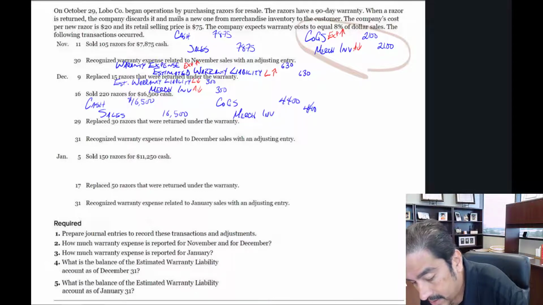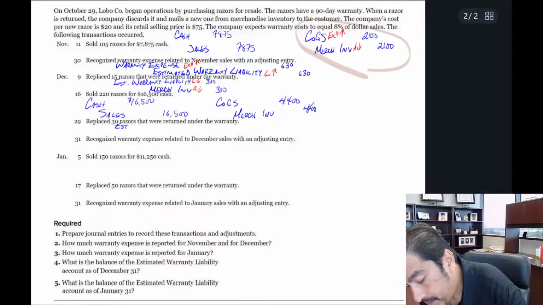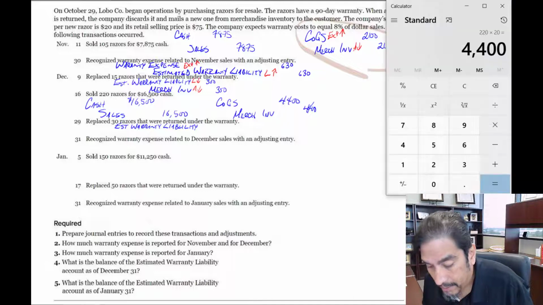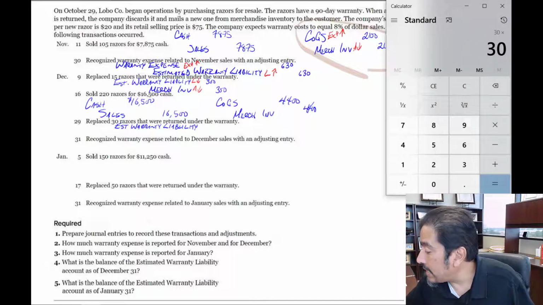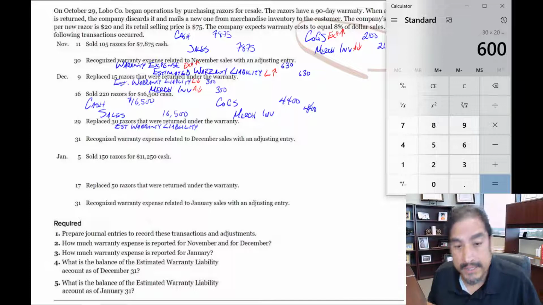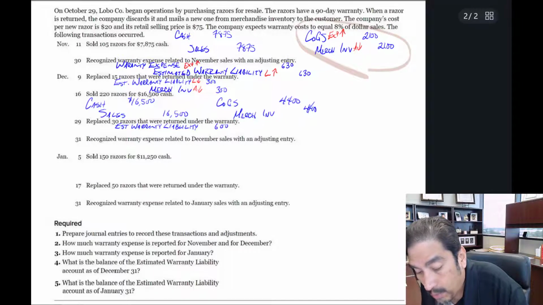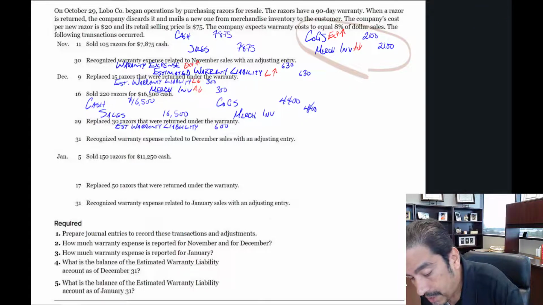So this is estimated warranty liability for, oh, I got to multiply, 30 razors at $20 each, $600. So for $600, and then we're pulling them out of the merchandise inventory account. So we're going to credit merchandise inventory for that same $600.